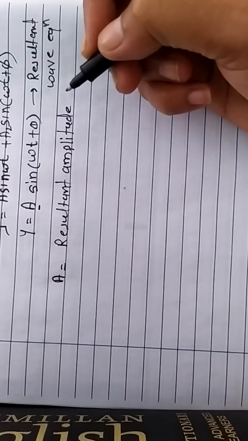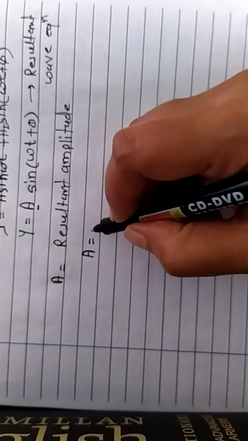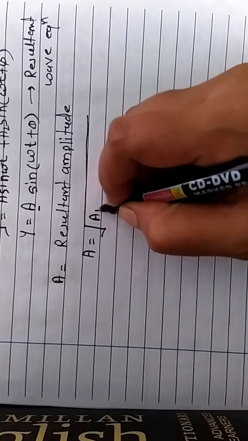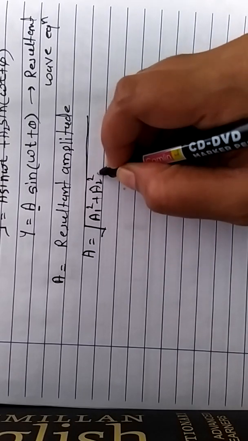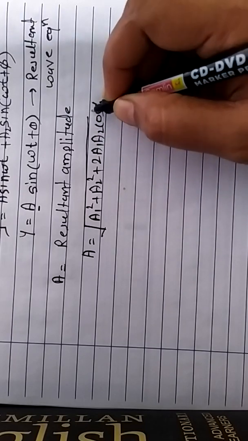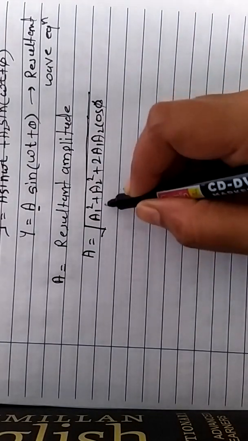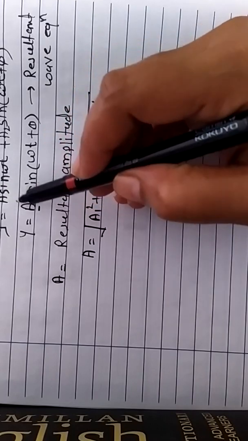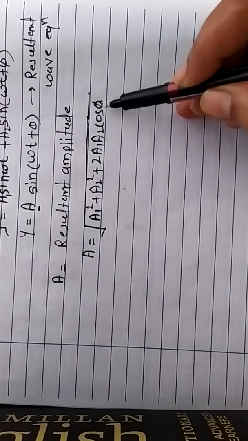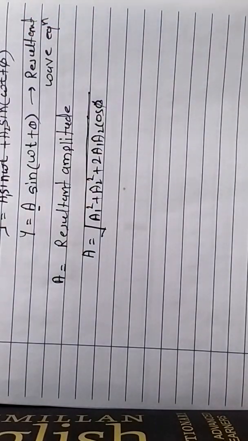Now we can calculate the value of A. In the previous lecture, we calculated A is equal to the square root of A1 square plus A2 square plus twice A1 A2 cos phi, where A1 and A2 are the two amplitudes of the two waves y1 and y2, and phi denotes the phase difference between these two waves.